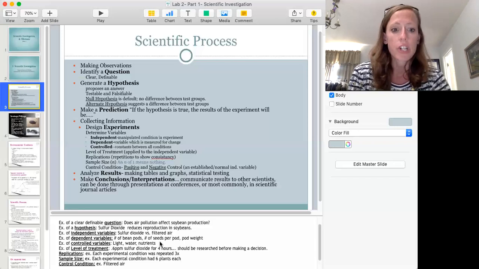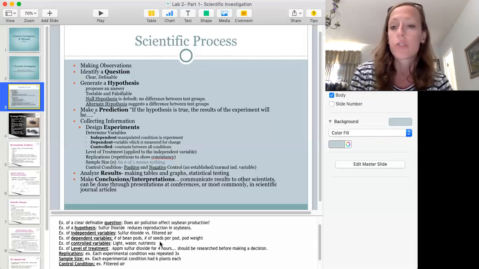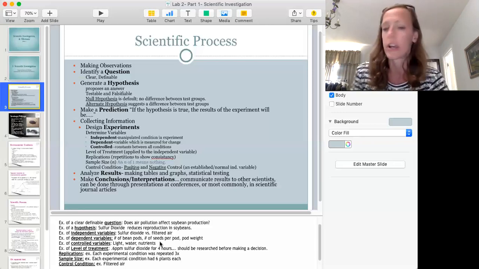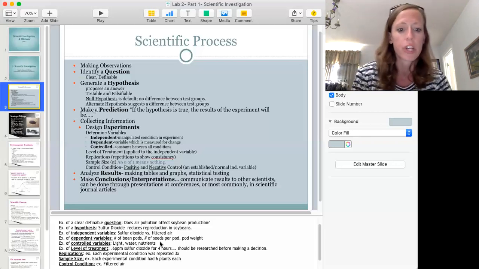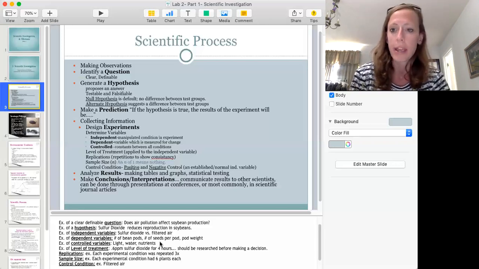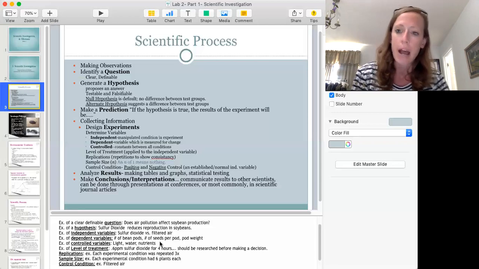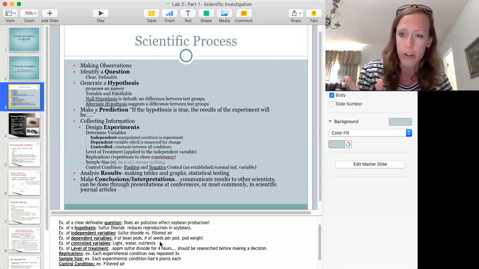And then other terms that you should know to design your experiment are level of treatment. So the level of treatment is applied to your independent variable. And this would be something that you would research ahead of time before making decisions. It's the amount of whatever your independent variable is.